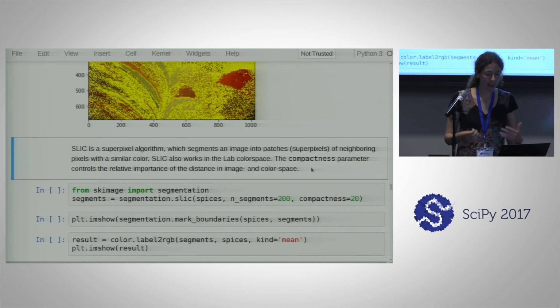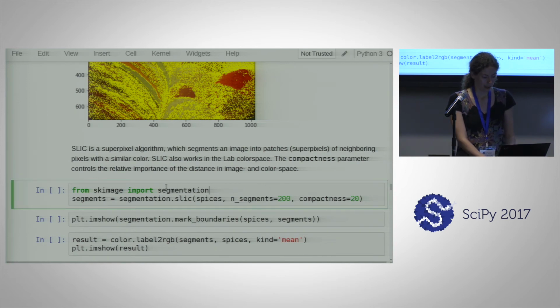So I need some way to normalize the distances between the different directions, and this is this compactness parameter. So this SLIC superpixel algorithm is found in the segmentation submodule.